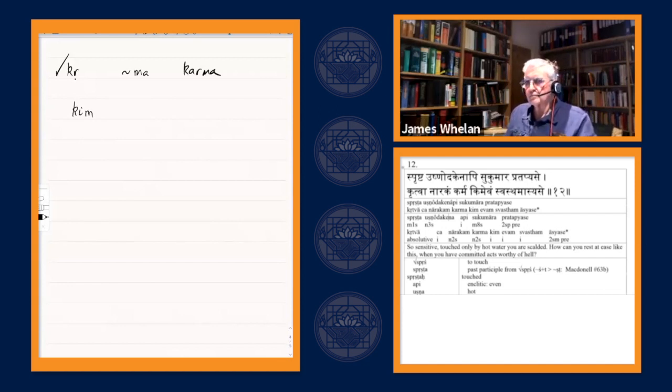Kim, the word ka, sometimes ko, means who. The neuter form of that is kim, meaning what. So, what are you doing? Is kinkaroshi, what are you doing?